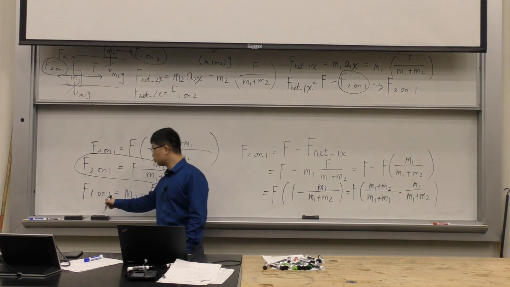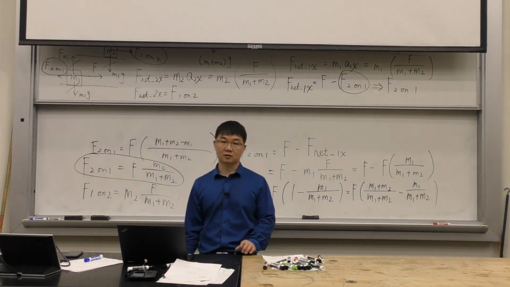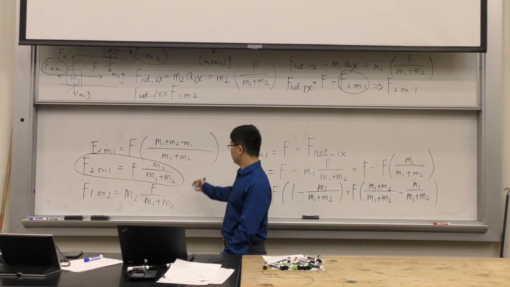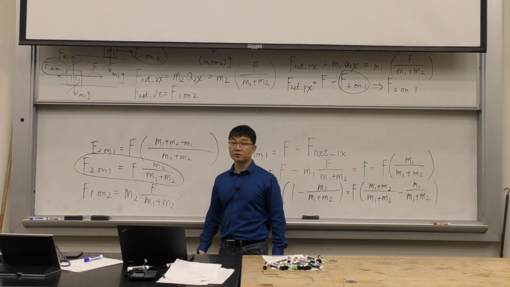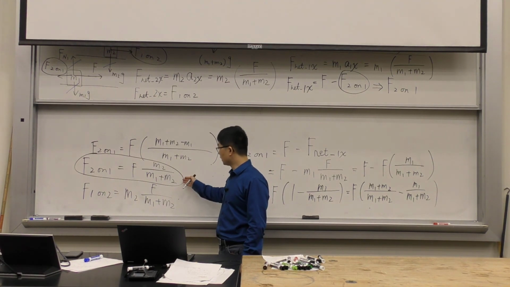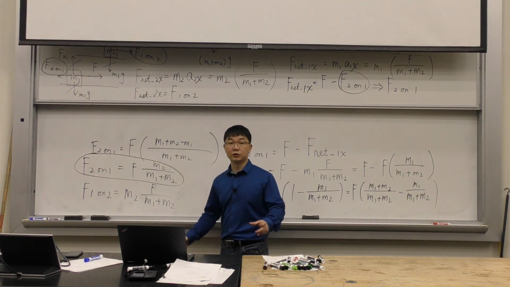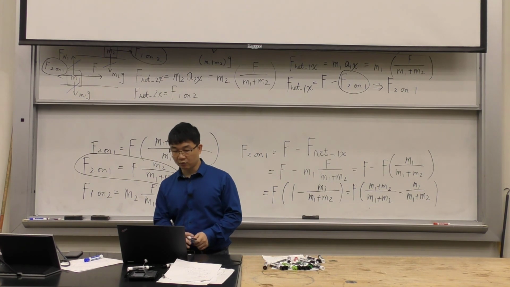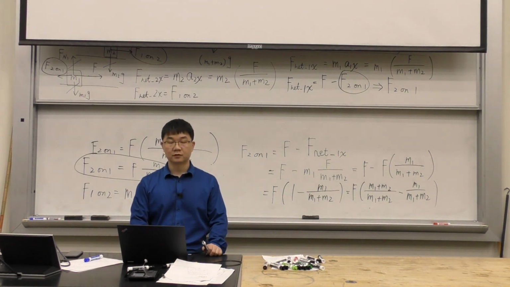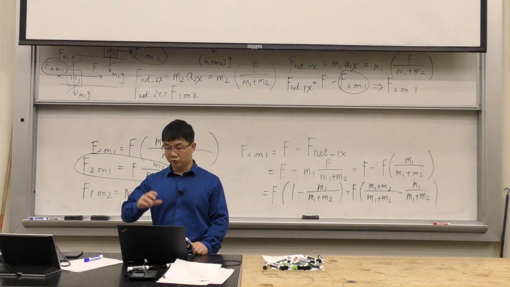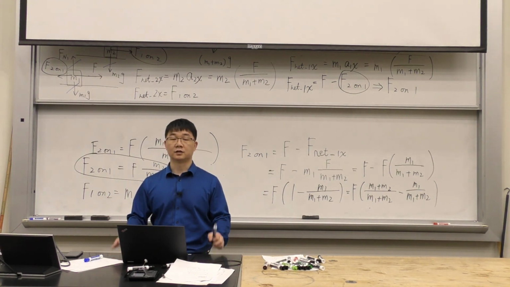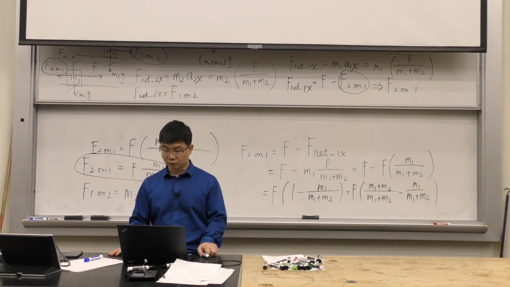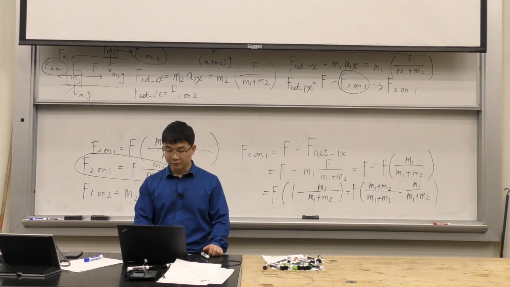We found the force from 1 on 2 also using Newton's second law, and then we confirmed that the answer agrees with Newton's third law, because these two numbers are the same, so equal and opposite. Newton's second law and Newton's third law are consistent. So Newton's laws of motion are a complete and consistent theory. So that's what we are doing in this question. I'm going to stop here for this video.